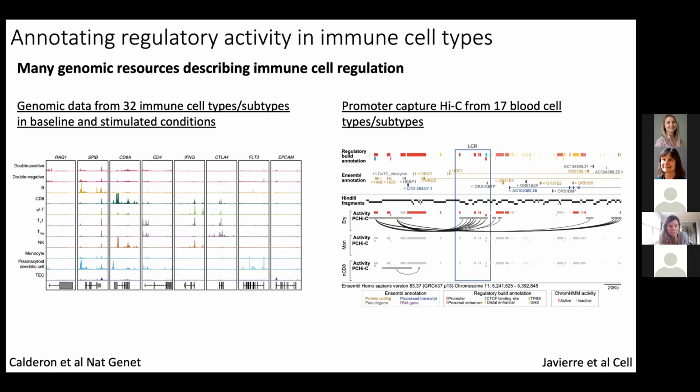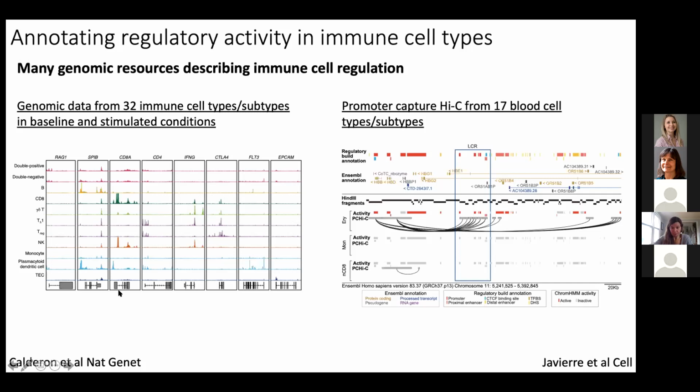So I'll just highlight a couple of studies that provide relevant information, studies that we've incorporated in our database and passed on to the type 1 diabetes knowledge portal. There's quite a lot of information available, and trying to collect all this information and provide it to the type 1 diabetes portal is one of our big goals, but it's quite a big undertaking given that there's so much data.